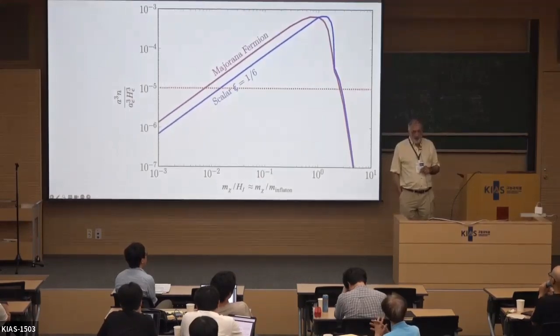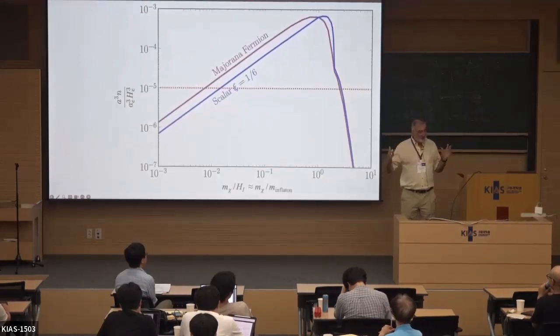Can you comment on that? You can make it arbitrarily complicated by adding other couplings. Here I've just assumed that I'm introducing a spectator field of a massive fermion that's not coupled to any standard model particles. I see.